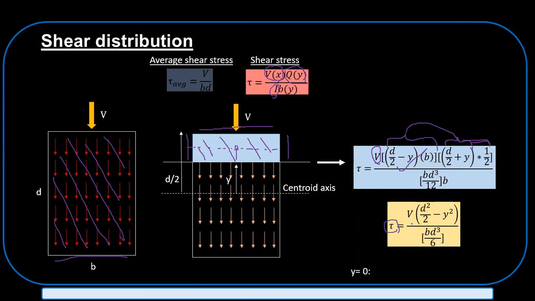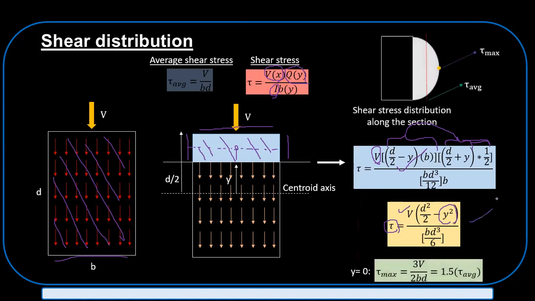This becomes a maximum when this term is zero. That means at the neutral axis, the centroid axis, your shear stress is at maximum. When y is d by 2, shear stress theoretically becomes 0, and it looks like a distribution like this.